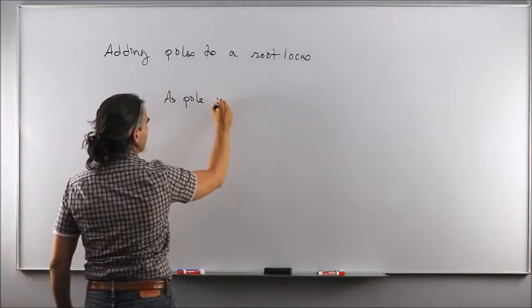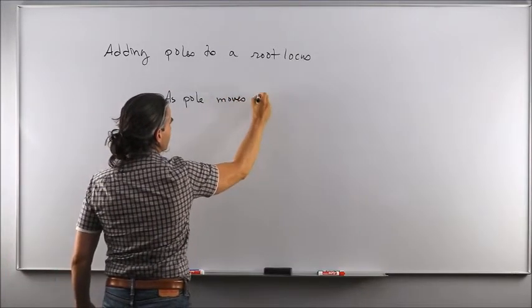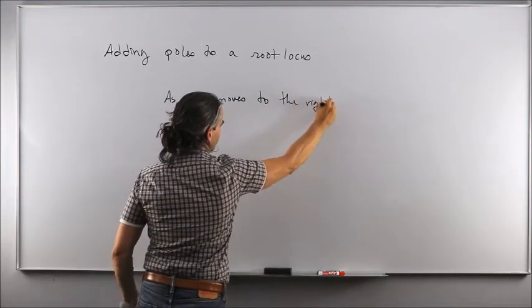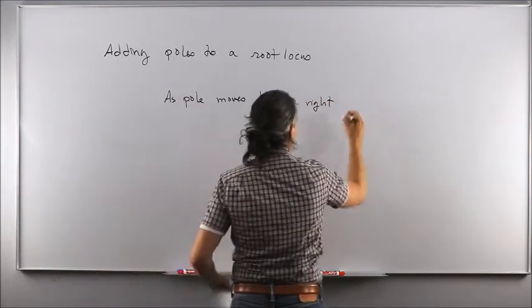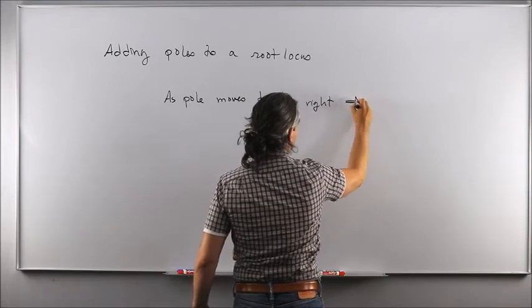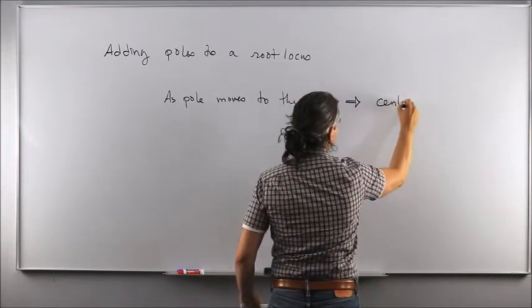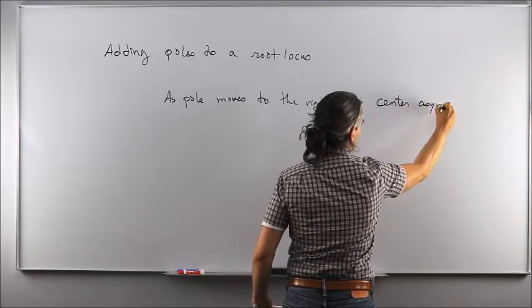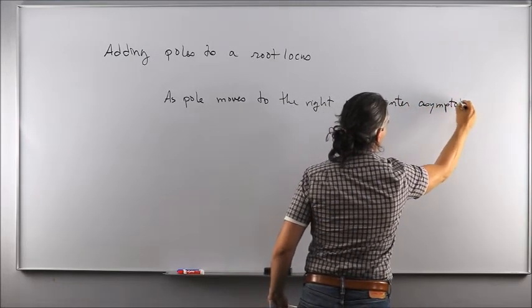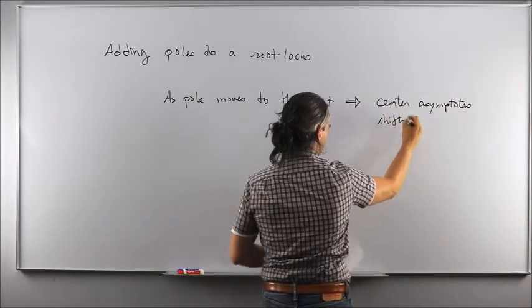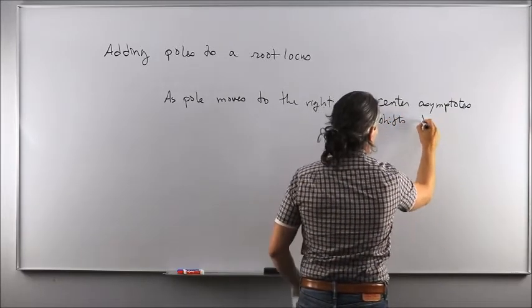So as this pole moves further to the right, the impact is that the center of asymptotes, or the intersection of our asymptotes with the real axis, same thing, is going to shift to the right.